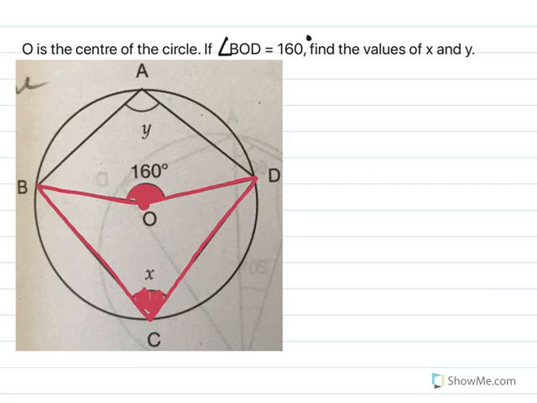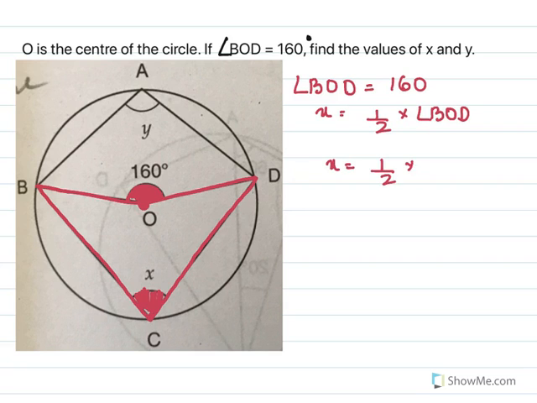So we'll write that: angle BOD equal to 160 and x is half of angle BOD. So x is half of 160, so x will be 80. So we have now 80 here. And we can spot a cyclic quadrilateral. A, B, C and D is cyclic. So we have A, B, C, D here, that is cyclic.